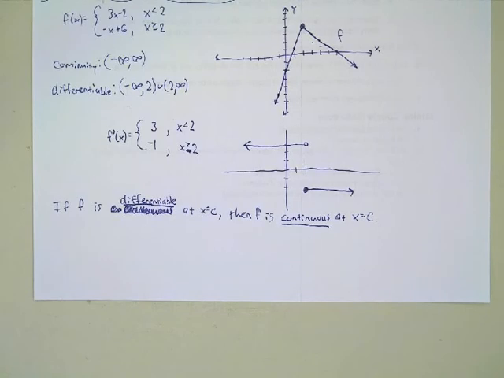Now, we have to be very careful here. If I make a statement like that, if f is differentiable at x equals c, then f is continuous at x equals c, is the reverse automatically true?